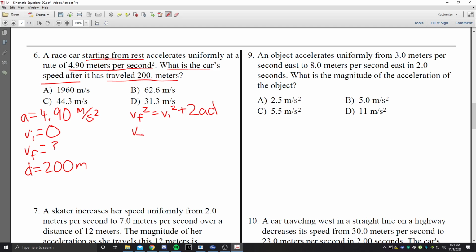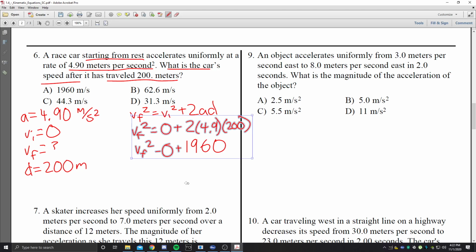So VF squared is equal to VI squared, which is 0, plus 2 times 4.9 times D, which is 200. So 2 times 4.9 times 200 is going to be 1960.